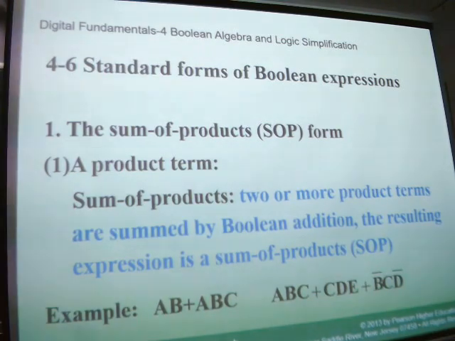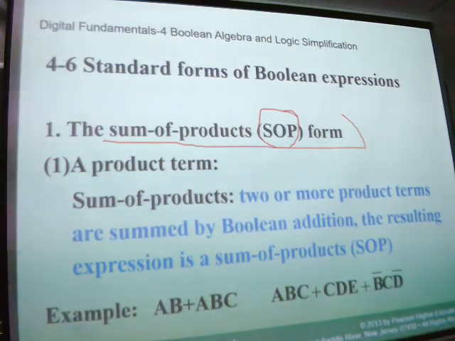Then we will learn section 4.6, standard forms of Boolean expression. What is the standard form? The first standard form is the sum of products form. The sum of products form can be abbreviated SOP, sum of products form.